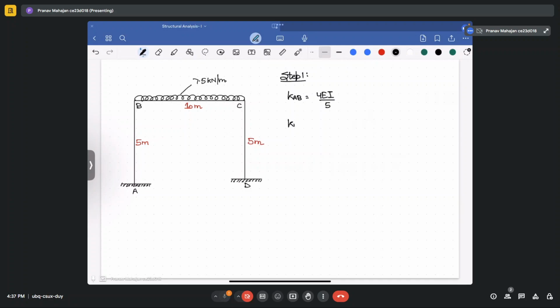Then your KBC will be equal to 4EI by 10, that is 2EI by 5. Now your KCD will also be equal to 4EI by 5.